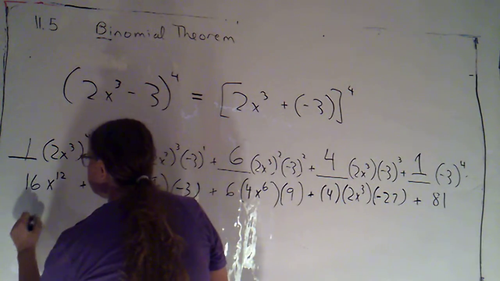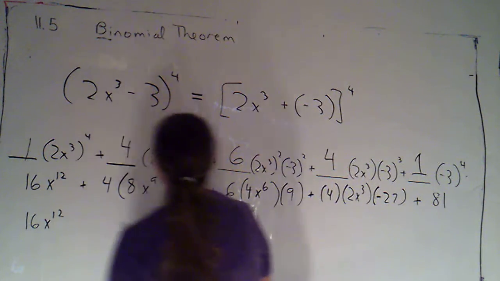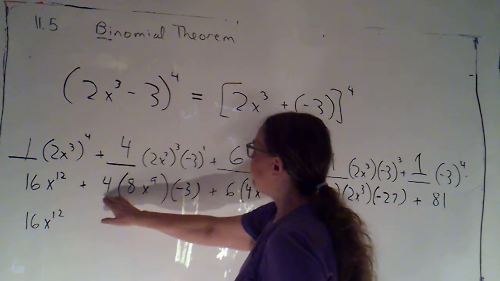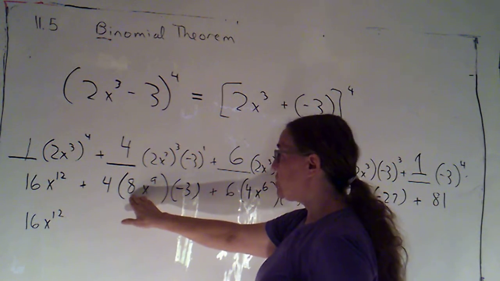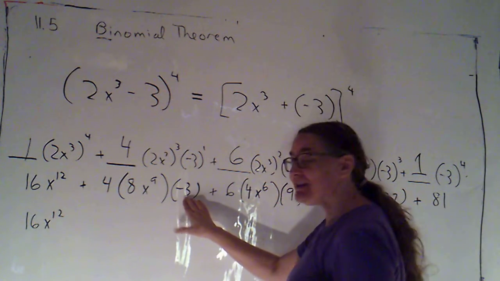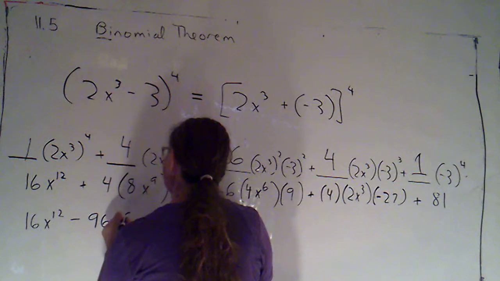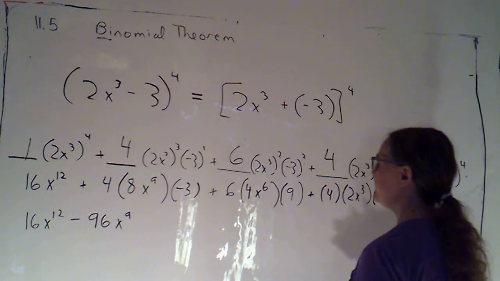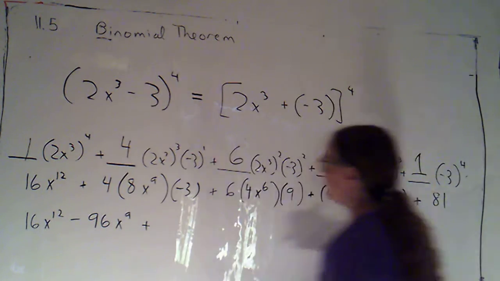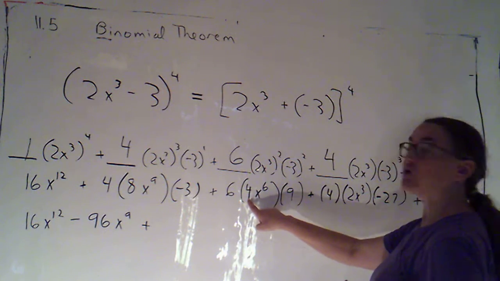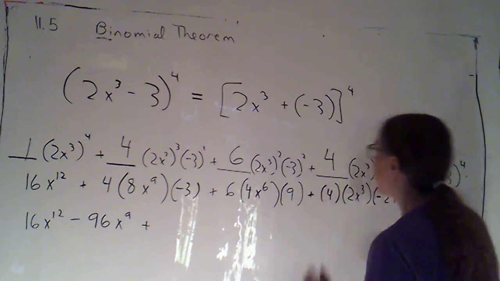So let's see. This is 16x to the 12th. Okay. Let's see. 4 times 8 is 32. Times a -3 is going to be -96 x to the 9th. Plus 6 times 4 is 24 times 9.